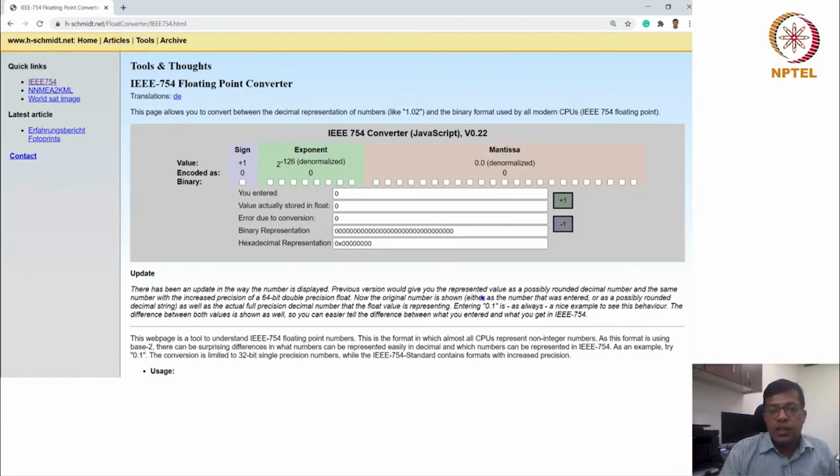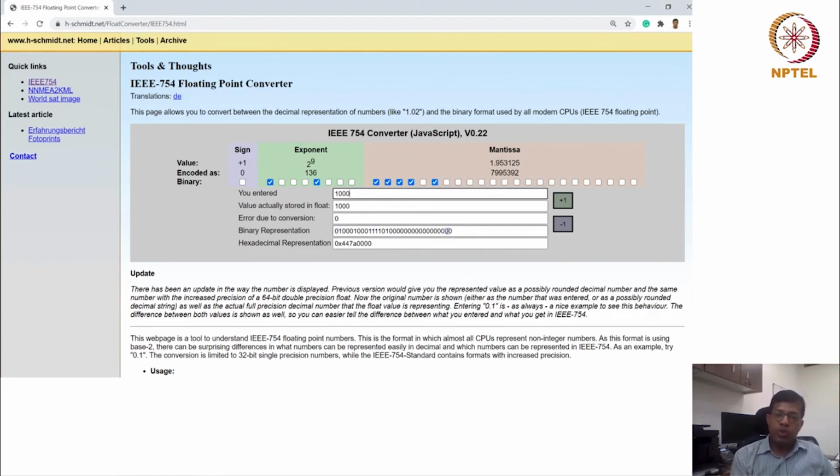We can see here that you can write the numbers in any form. Let's say I would like to write the number in decimal. So in decimal, let's say the number is 1000. I press the enter button. As soon as I press enter, it says that your number is 1000 in decimal, and after that the binary representation is this.